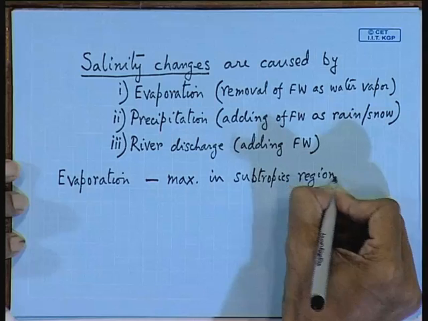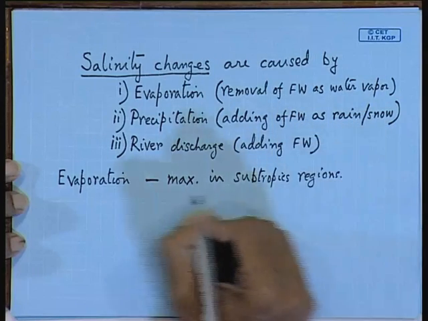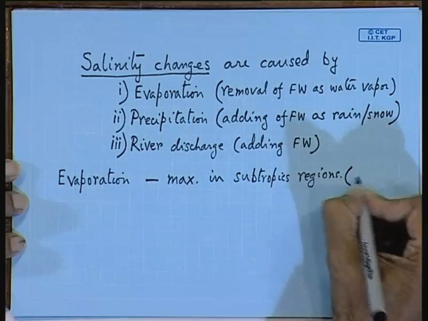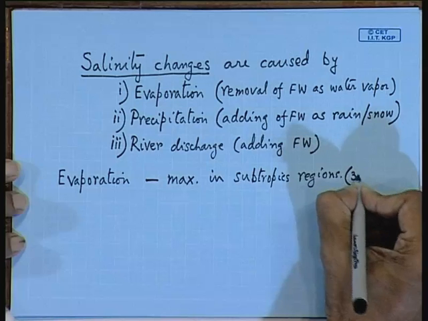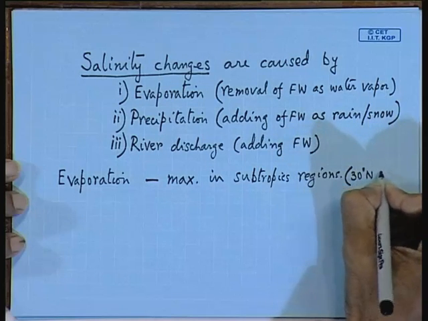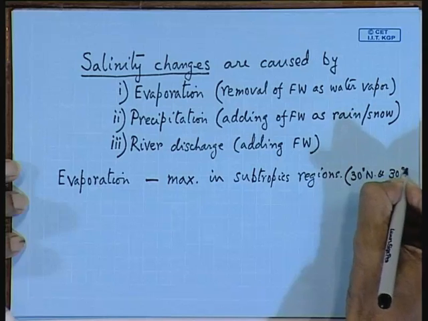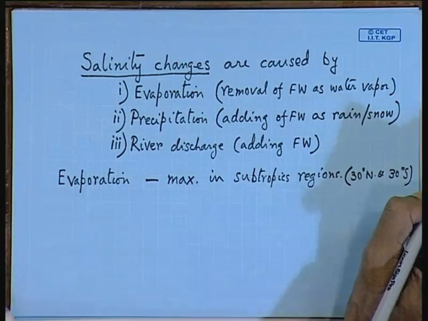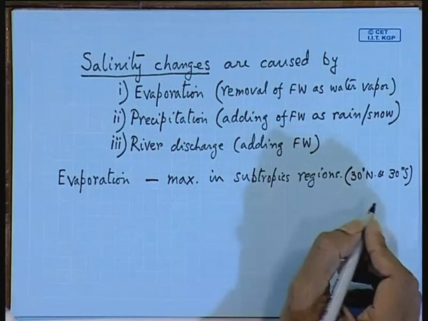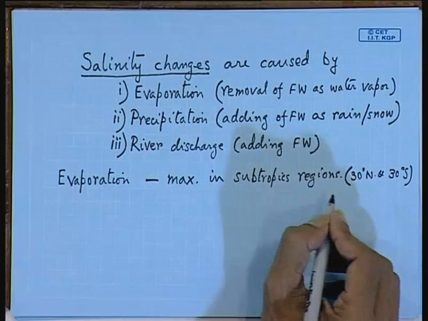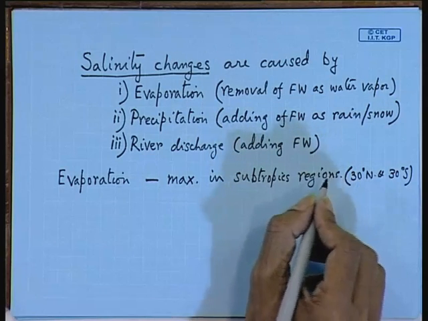Subtropical regions, you write in brackets, I am writing 30 degrees north to 30 degrees south. Why? Because this region is getting affected maximum by solar radiation.